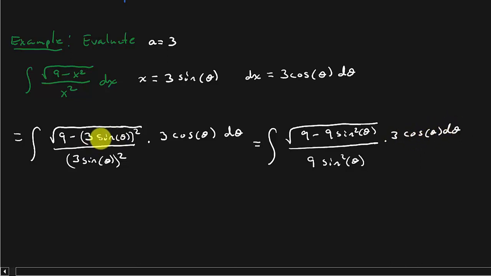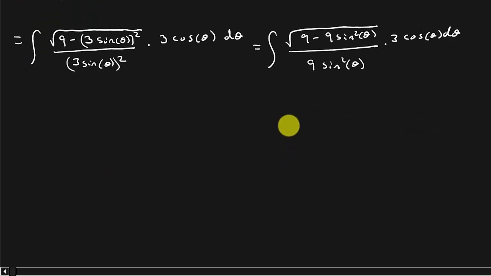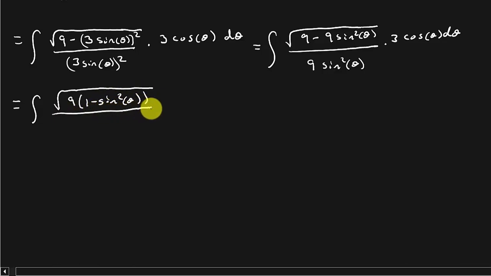So all I did is I squared this and I squared this. And so now we have the integral of the square root, and I'm going to factor out a 9, and that's 9 sine squared theta times 3 cosine theta d theta.